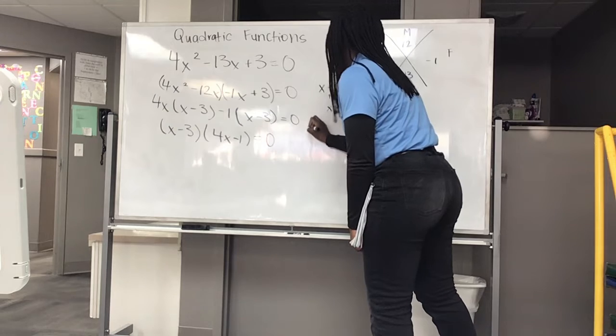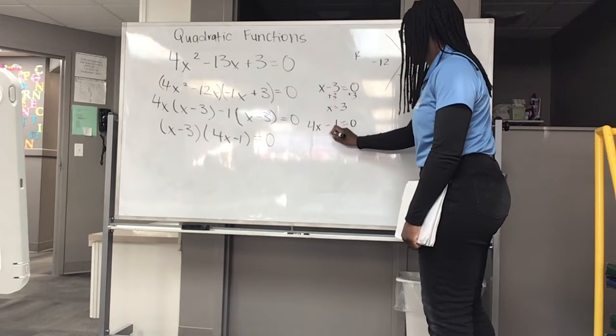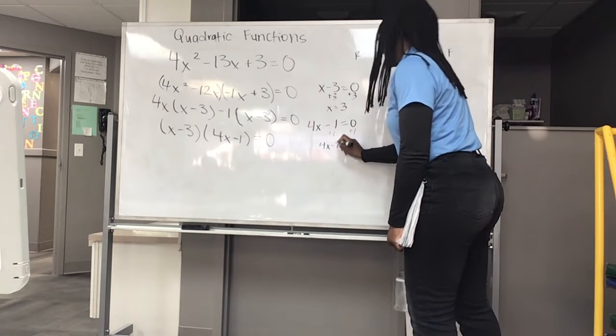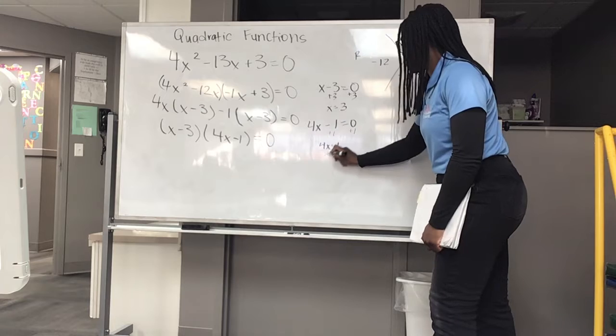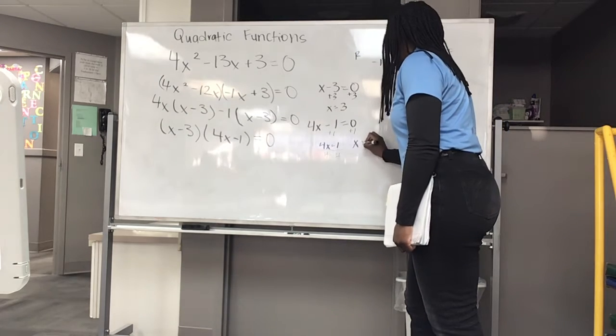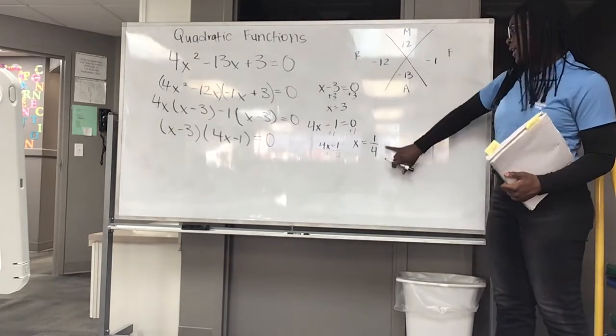And if 4x minus 1 equals 0, if I add a 1 over, 4x equals 1, and then divide by 4, x equals 1/4. So my two solutions are 3 and 1/4.